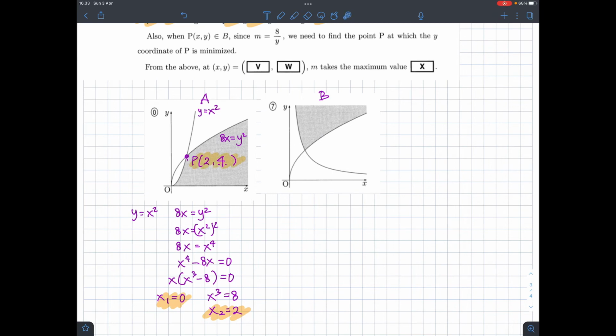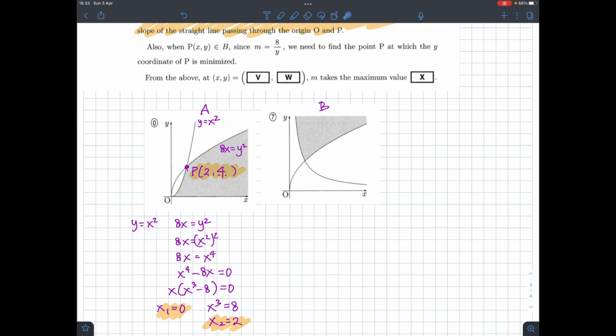Let's continue to the next. Point P is also in B. But this time, because in B the minimum is m equals 8 per y, we need to find the point P so that the y coordinate of P is minimized.